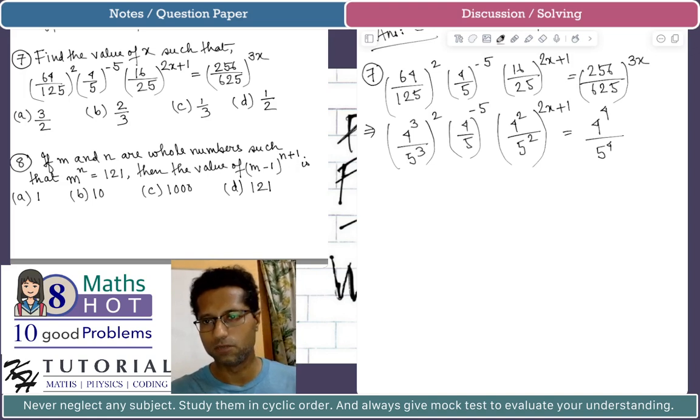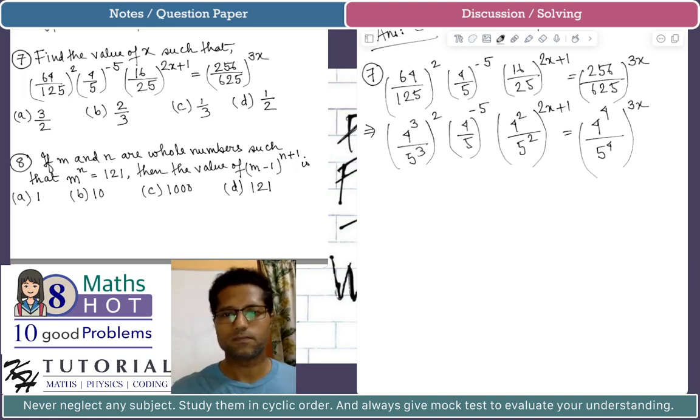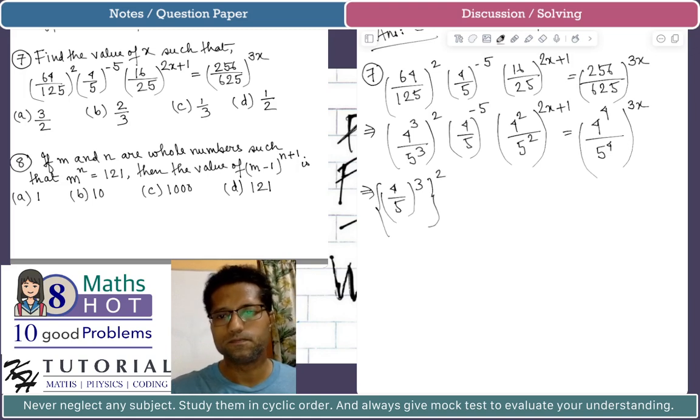So we have 4 raised to the power 4 divided by 5 raised to the power 4, and this whole raised to the power 3x. So this implies now 4 cube divided by 5 cube can be written as 4 by 5 whole cube, and we have this whole raised to the power 2.